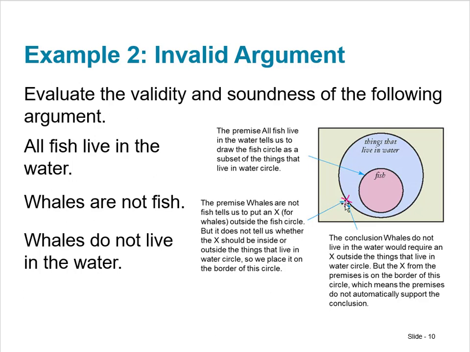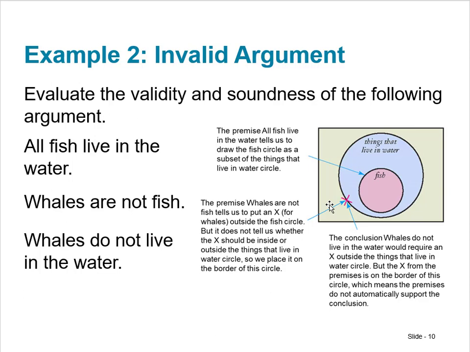Well, all we know is that whales are not in this circle. So they could be here in the blue area, or they could be out here. Because the premises are not set up in such a way that it forces whales to be in one position or the other, this is not a valid argument.